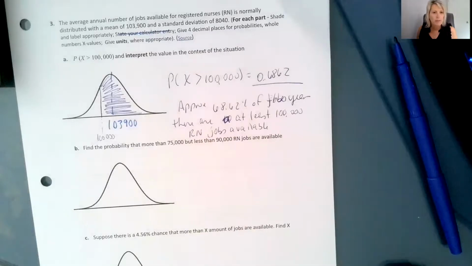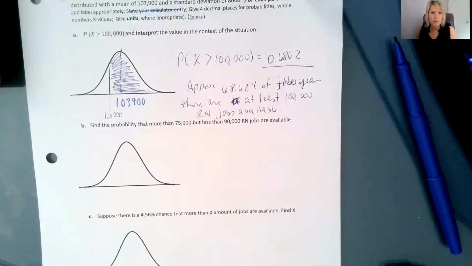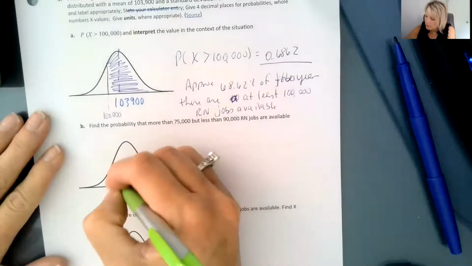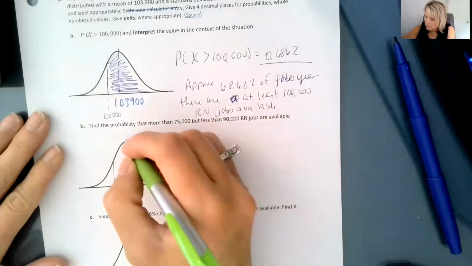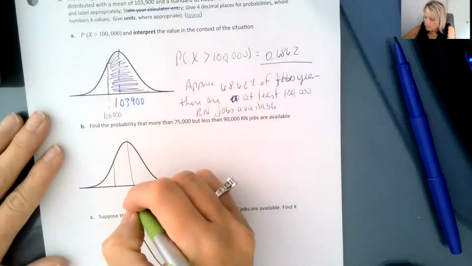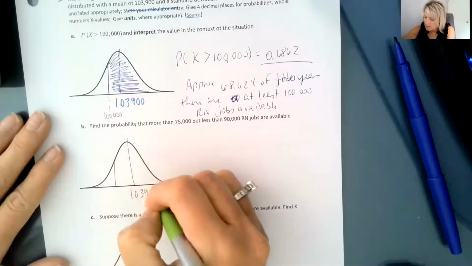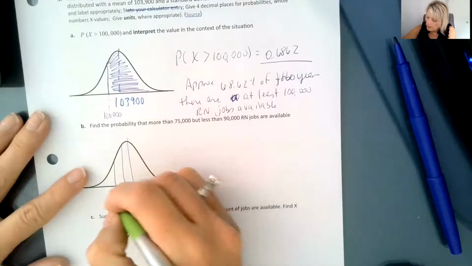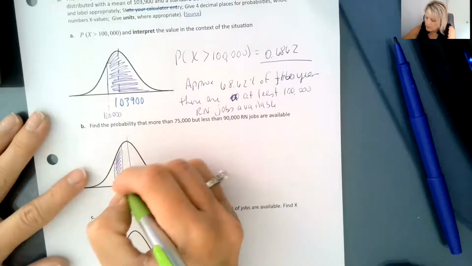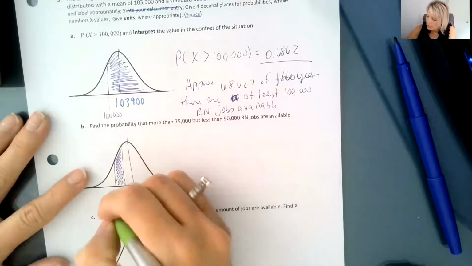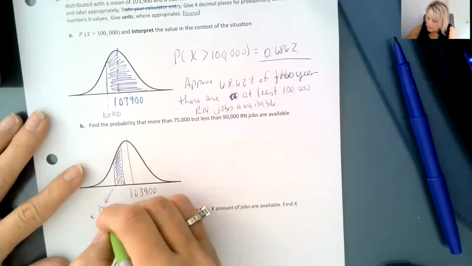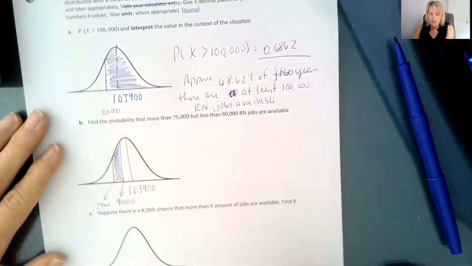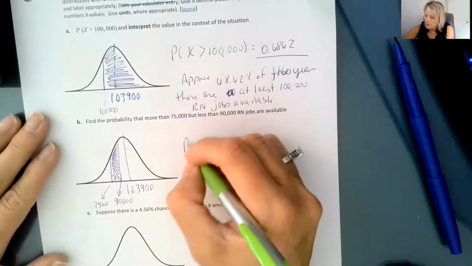It says find the probability that more than 75,000 but less than 90,000 RN jobs are available. So if our average is at 103,900, then we're talking somewhere between here, right? So that would be the 75,000. And this would be the 90,000. Okay. So this is a between.